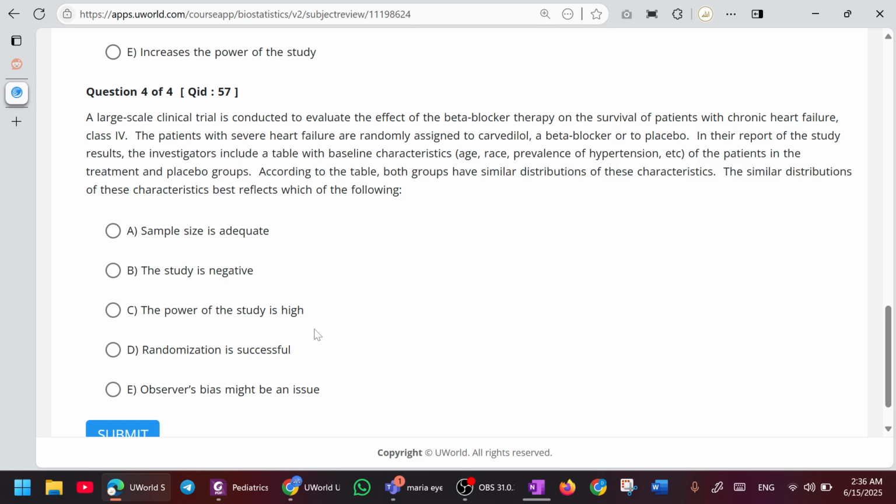In their report of the study result, the investigators include a table with the baseline characteristics, age, race, and prevalence of hypertension. According to the table, both groups have similar distribution of these characteristics. The similar distribution of these characteristics best reflects which of the following?